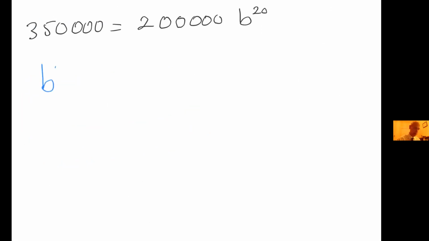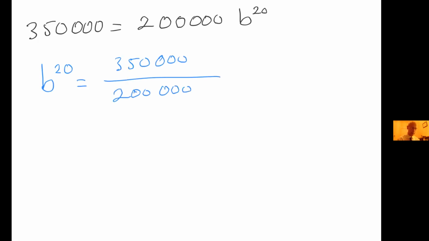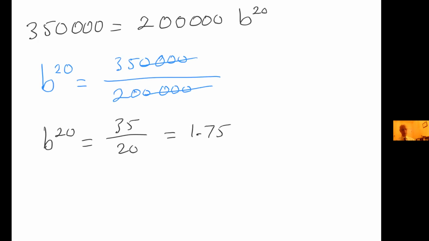So b to the power of 20 equals 350,000 divided by 200,000. I can drop these four zeros with these four zeros. So I have b to the power of 20 equals 35 over 20. And I know that equals 1.75 anyway.